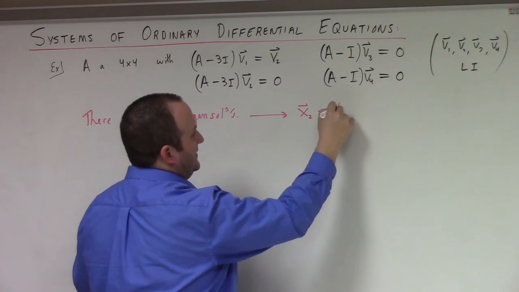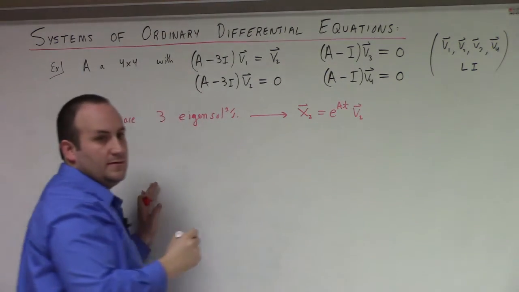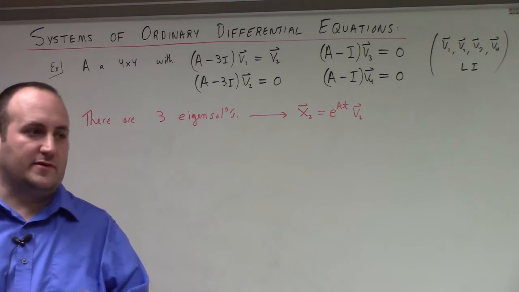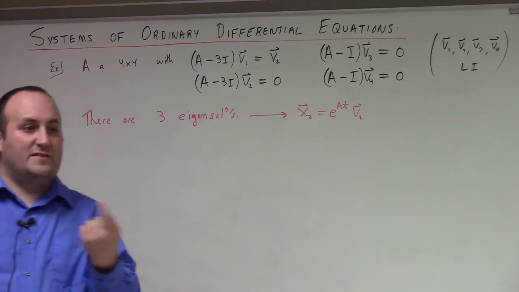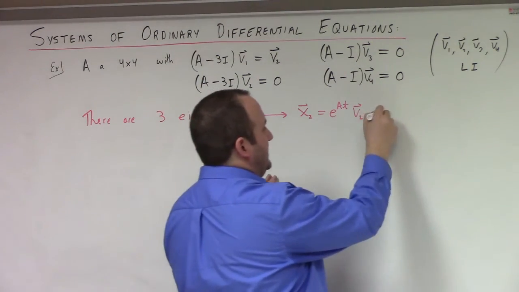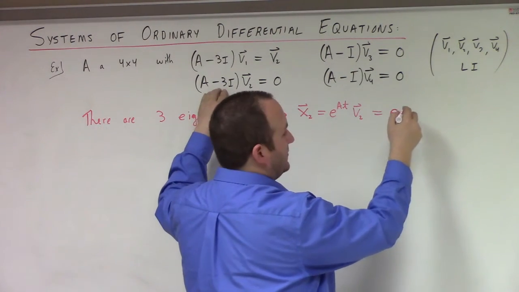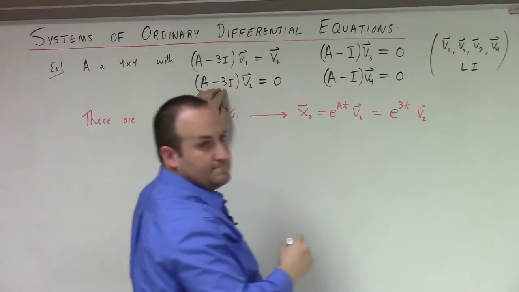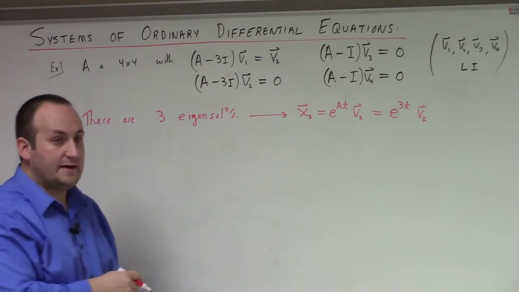It would be e to the At times v2. Essentially, there's a theorem that if you take an eigenvector and multiply it by the matrix exponential, what pops out is e to the eigenvalue times t times the vector again. That's all that happens, right? This is actually equal to e to the, what was the eigenvalue for v2? 3, right? So this is e to the 3t times v2, by the same calculation I did over there, with lambda equals 3.